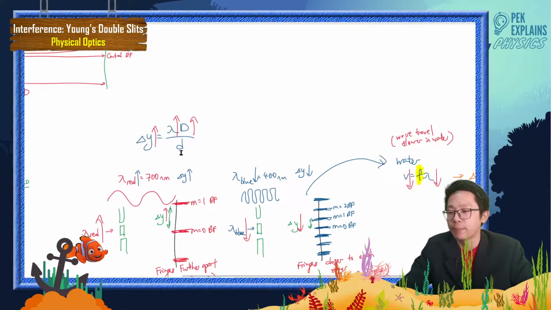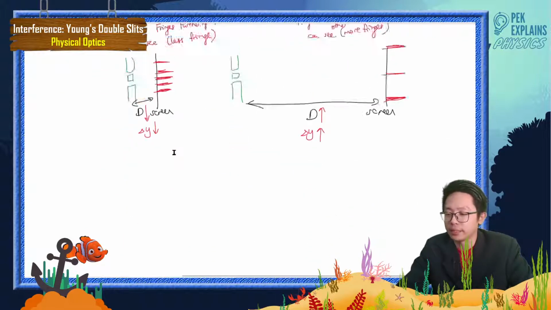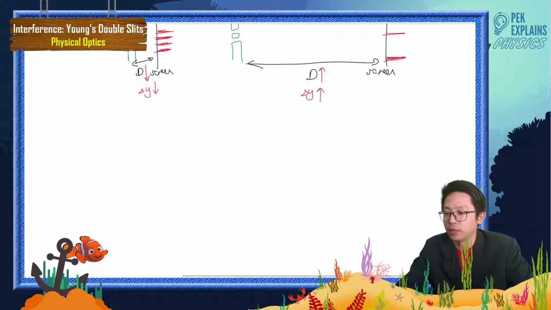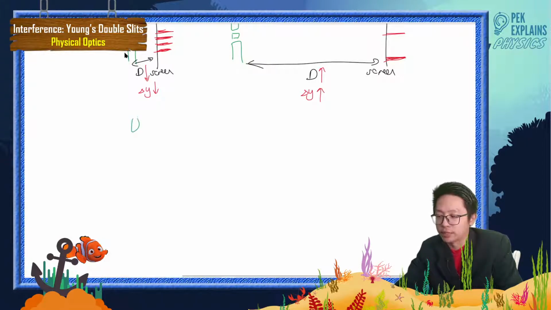How about the separation between two slits? If you make it smaller, then delta y becomes bigger. Let's talk about how it works if the separation is very small.